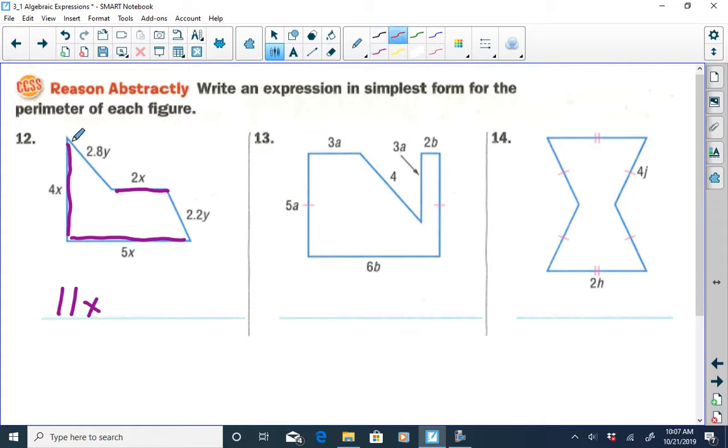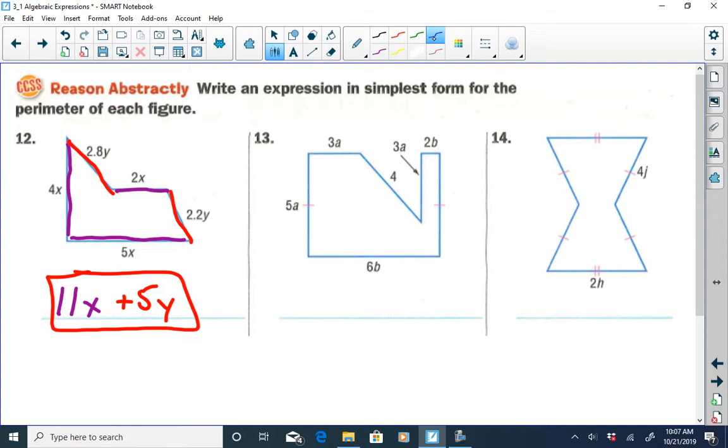Then we have our y segments. 2 and 8/10 y, 2.2 y, 2 and 8/10 y, 2.2 y, that's going to be 5 y's. So there's my perimeter of that figure in terms of x and y.